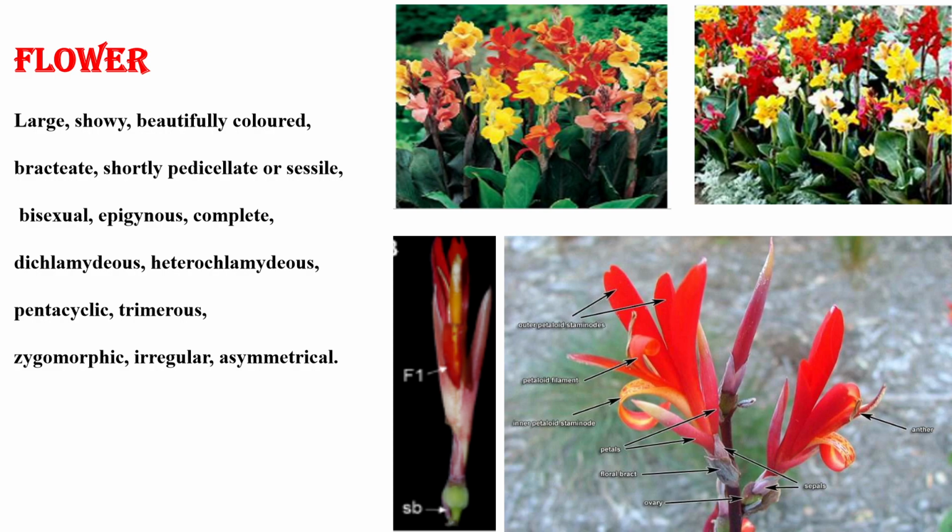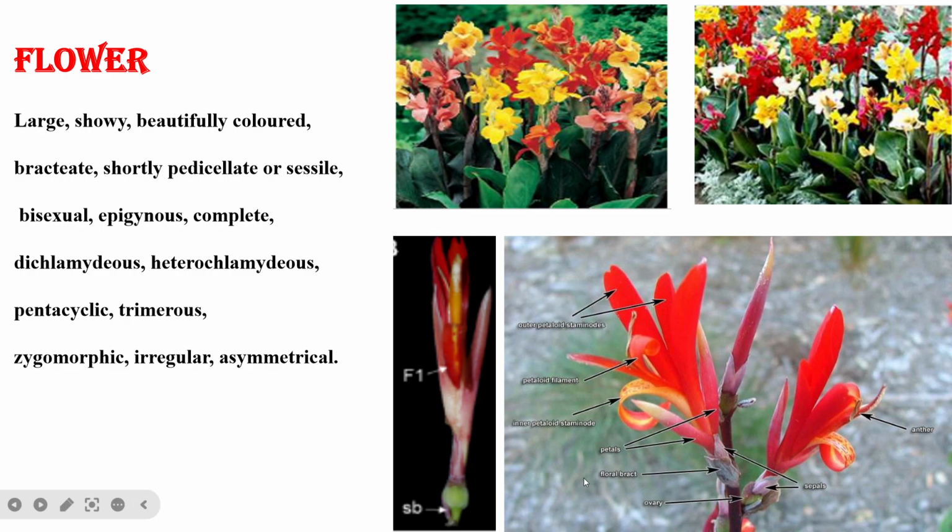Epigynous means the floral parts such as sepal, petal and androecium arise above the level of the gynoecium. That means epi means above, gynous means gynoecium. Then complete flower. That means all the floral whorls such as calyx, corolla, androecium and gynoecium are present in the flower.